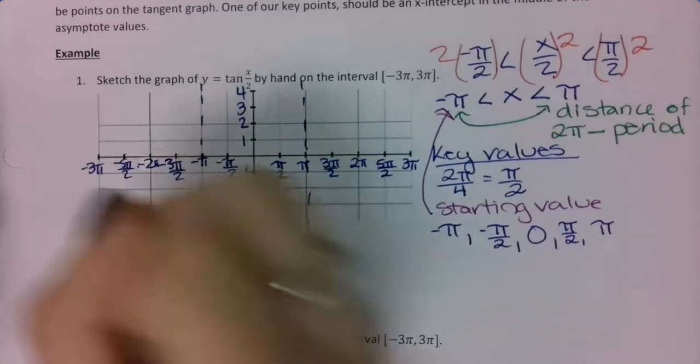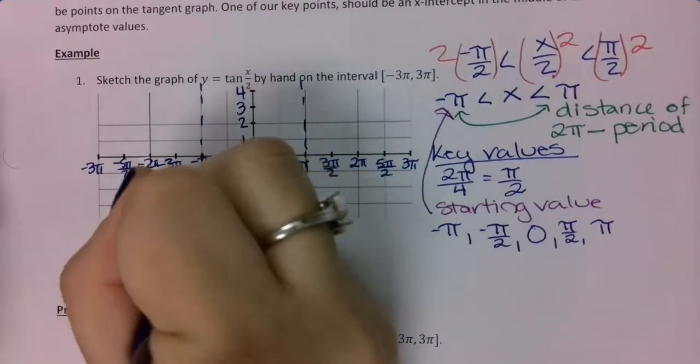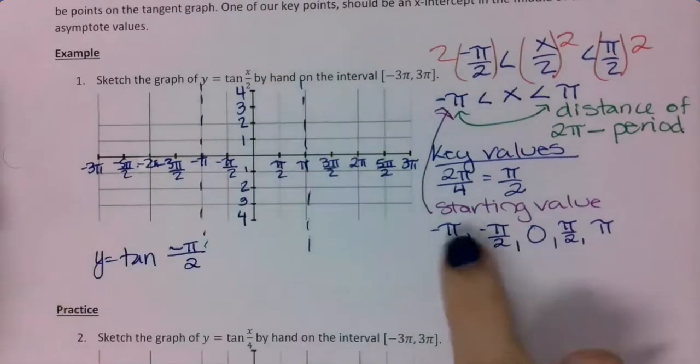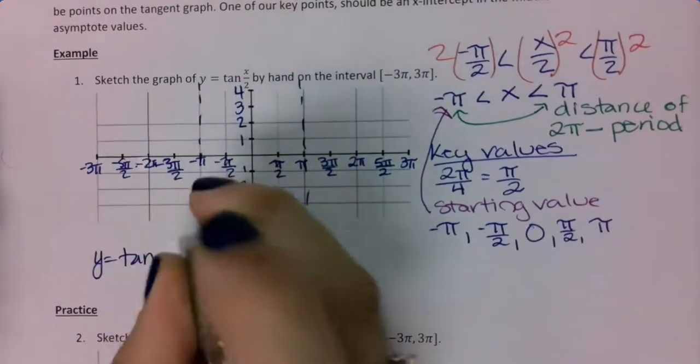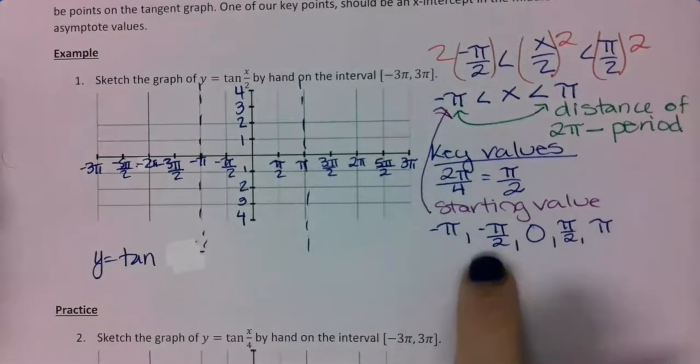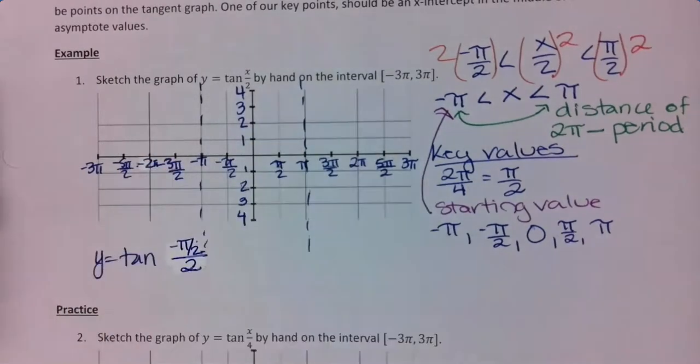So I'm going to do y equals tangent negative pi divided by 2, because I'm plugging in negative pi. Nope. I'm not plugging in negative pi. I'm skipping that one because it's my asymptote. I'm plugging in negative pi halves, and then I'm dividing this by 2.